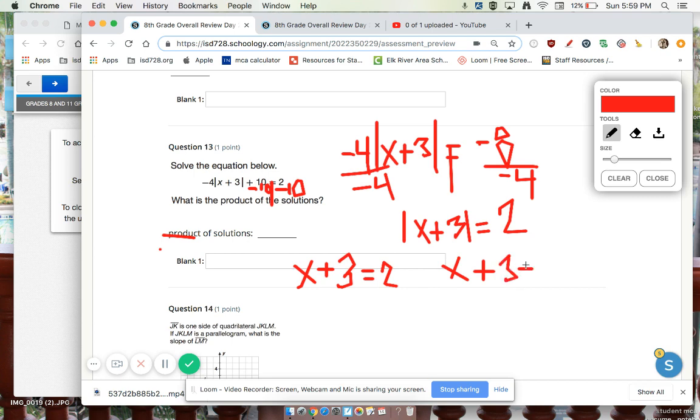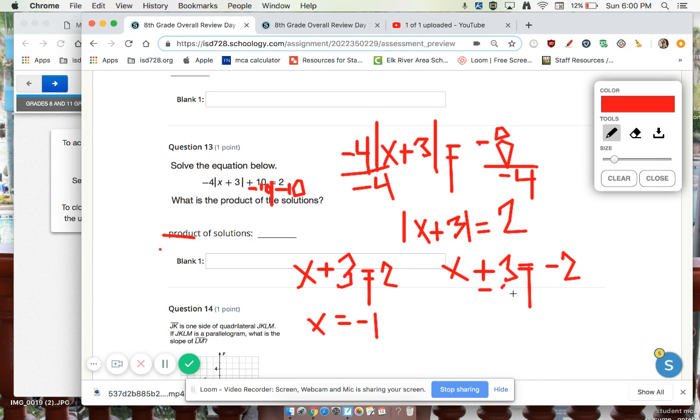Don't forget it's negative. And then I'm going to solve both of them and then remind myself that I need the product. So I'm going to take 3 away from both sides, and I would get x equals negative 1. That's me subtracting 3 to both sides because it's plus 3.